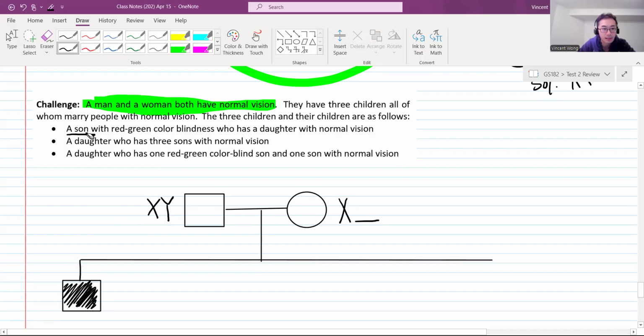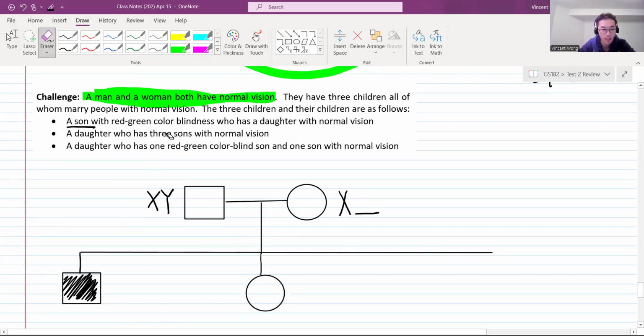That's the son. Let's draw all the kids first. And then we're going to have a daughter. We're not sure about what's going on with the daughter, but all her sons have normal vision. And then we're going to have another daughter here.